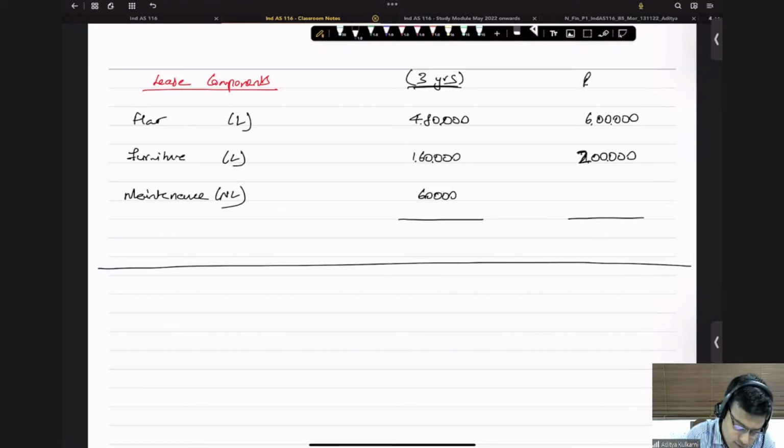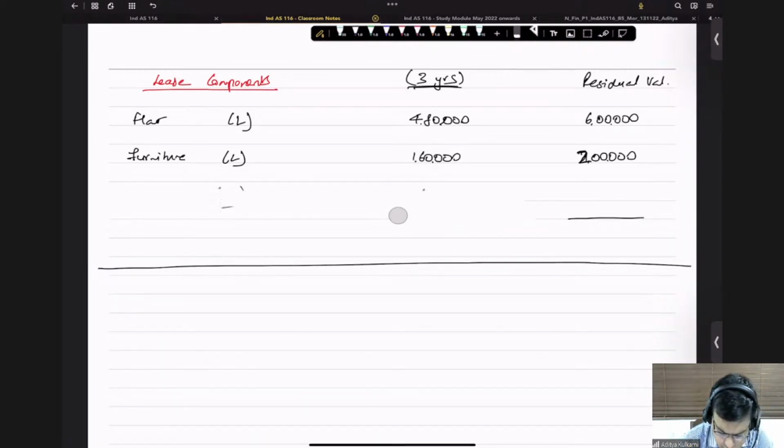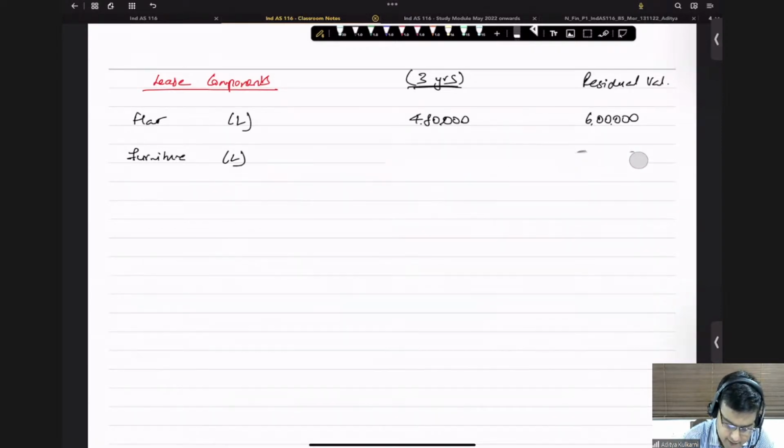In that case, we will be following the residual value approach. Now forget maintenance for the time being. So the residual value approach goes something like this.